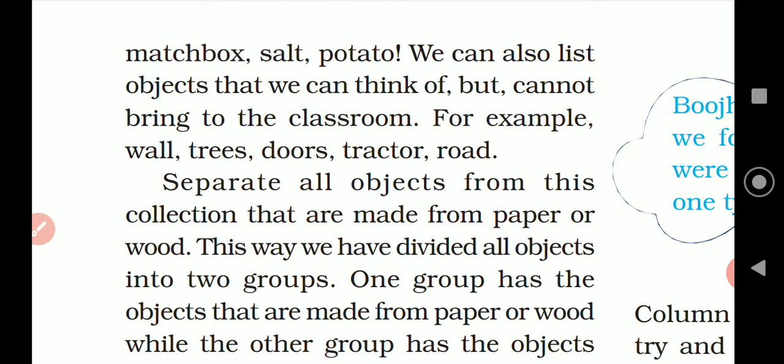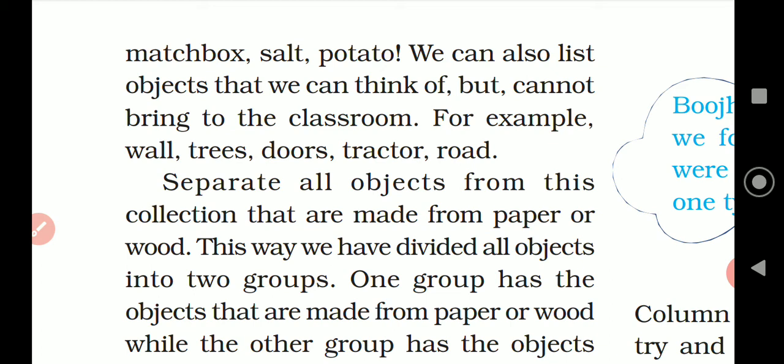Separate all objects from this collection that are made from paper or wood. So all the objects which you have collected, now you have to separate them, segregate them, sort them according to the material they are made of. Suppose they are made of paper or wood.